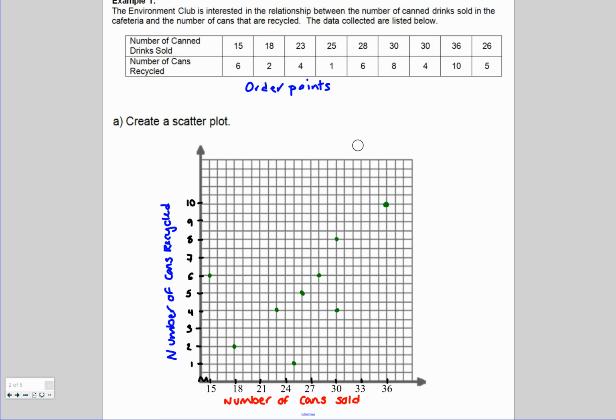So order them from least to greatest by the x values. So there's 1, 2, 3, 4, 5, 6, 7, 8, 9 points. So if I'm dividing by 3, that's 3 in each group. So there's 9 points. So that's groups of 3.